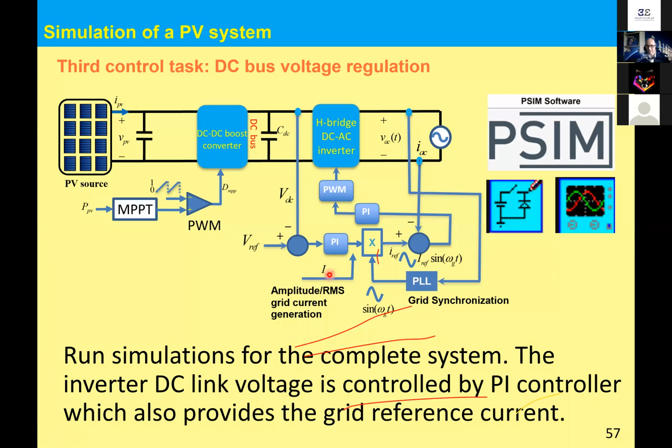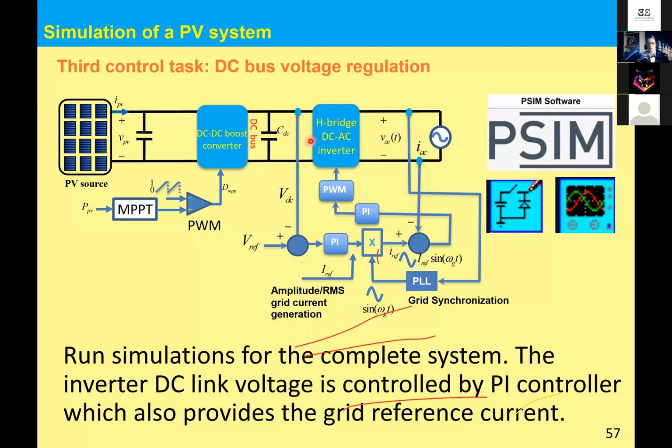When multiplied by the same sinusoidal signal, it generates a reference for the current. The error between the grid current and the reference current is controlled again by another PI controller, whose output is introduced to the pulse width modulator to control the switches of the inverter.